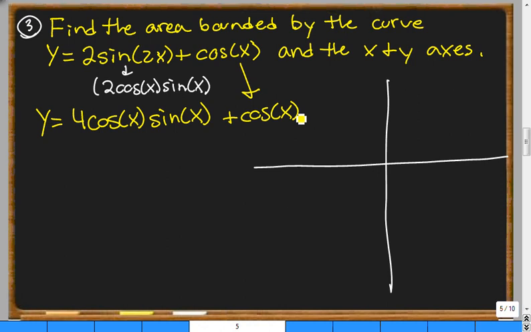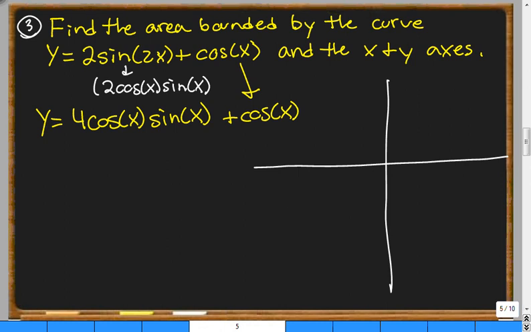So we need to know a little bit about this graph before we go on. Because it's asking us about the area bounded by that and the xy axis, we need to know what our intercepts are. Where do we start? Where do we finish? Where is its first intercept?